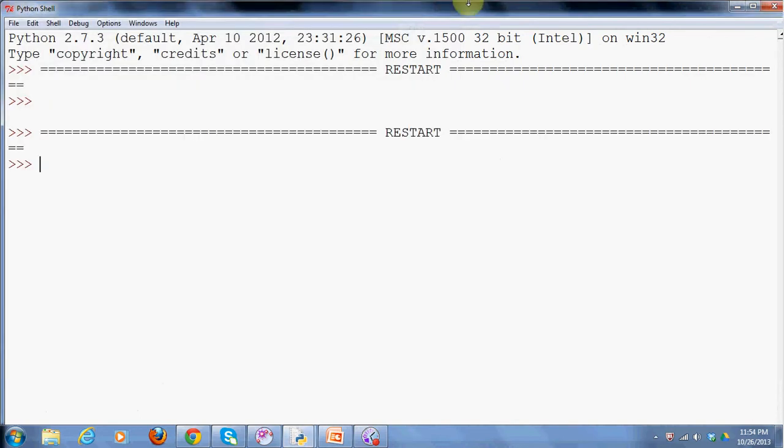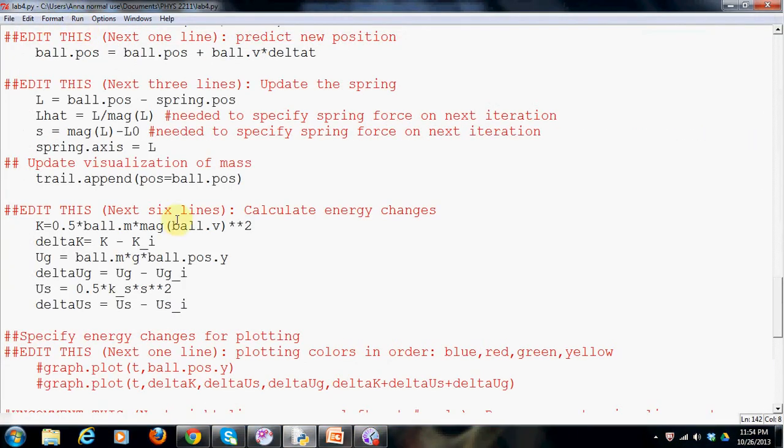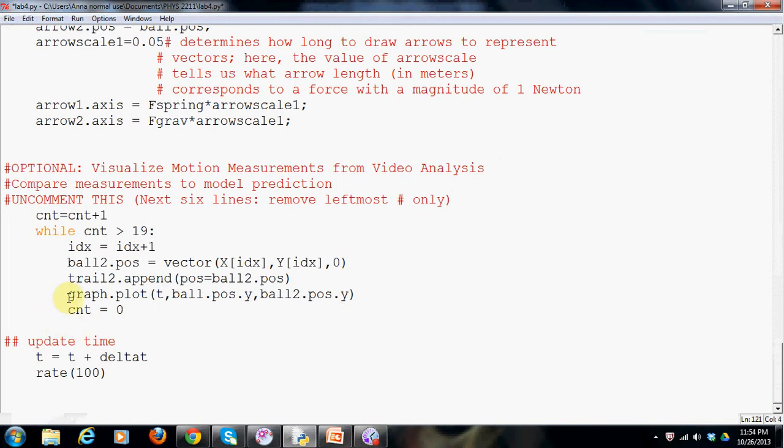And then also we would like to see our energy graph, which we can show by doing a couple things.